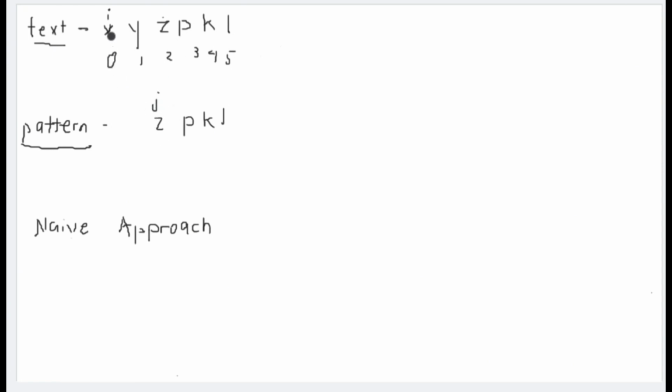Since x and z are not the same, this means we need to apply the rule of going to the next character. j stays put while i, the index, goes to the next character, which is y.